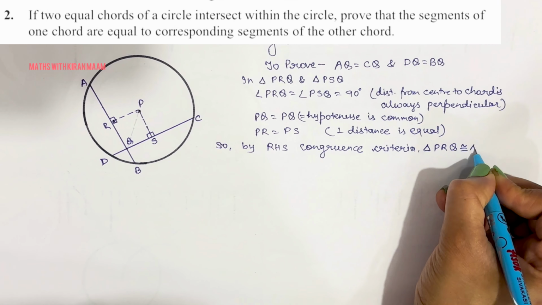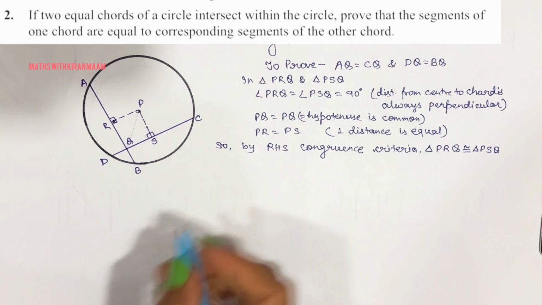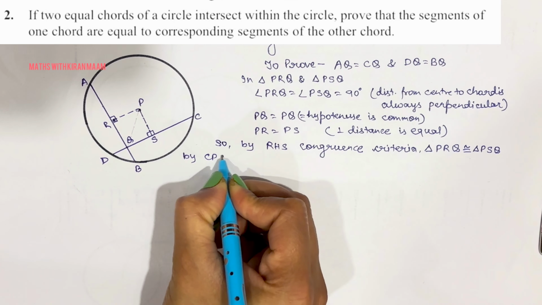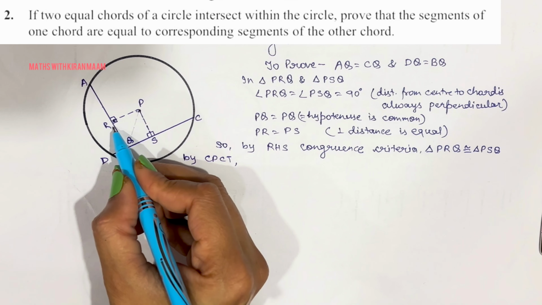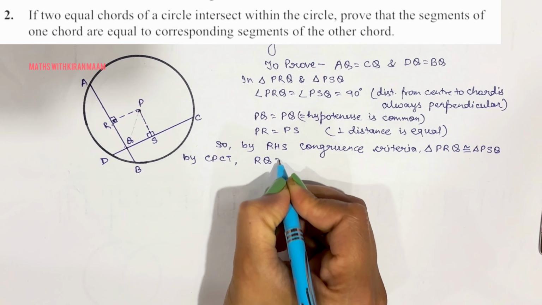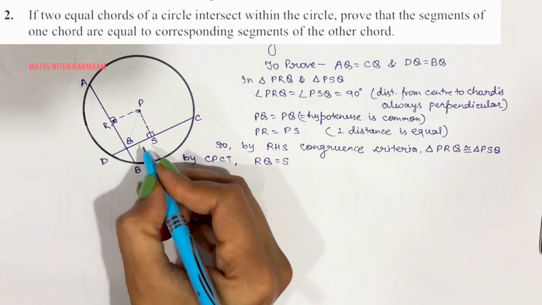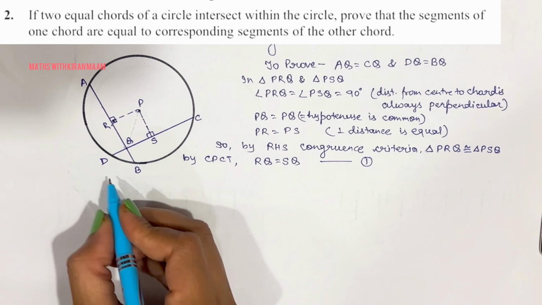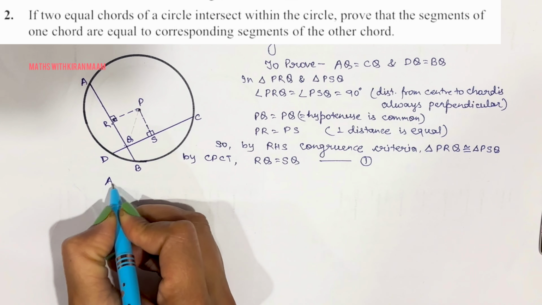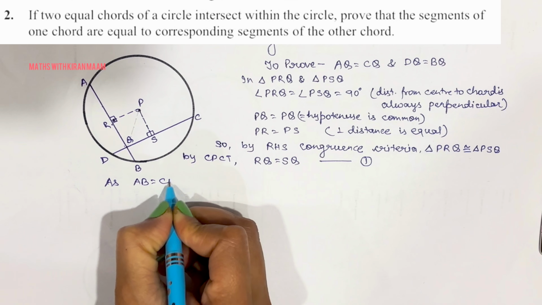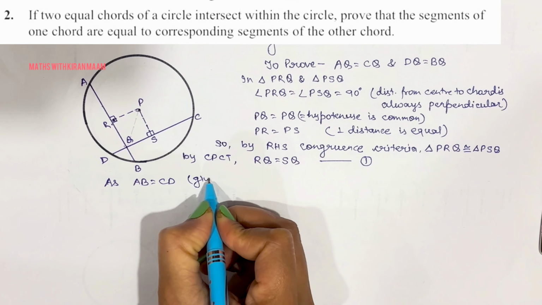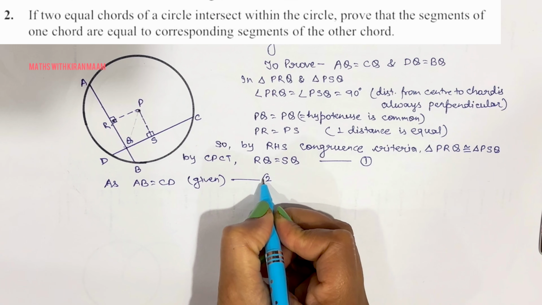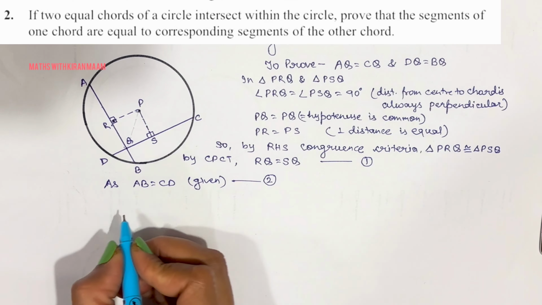Triangle PRQ and triangle PSQ are congruent. Hence by CPCT, RQ equals SQ. And we label it as equation 1. As AB equals CD, it is given, we label it as equation number 2.